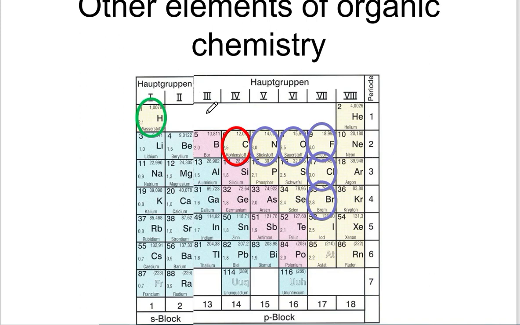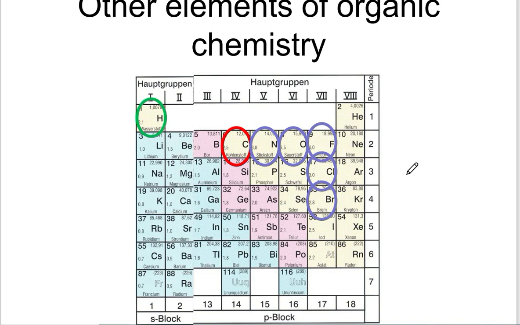And mainly we will focus on carbon, hydrogen, but also on oxygen and nitrogen. And the others can also appear occasionally depending on the compound that we have. So for example, we will also study the chlorination of these compounds, so you will see we will deal with chlorine as well.